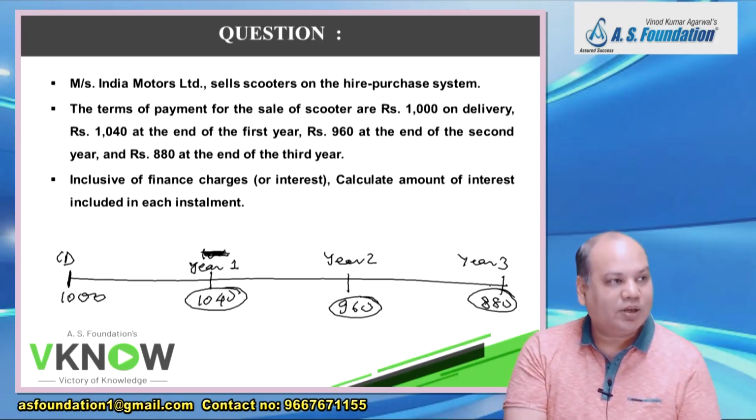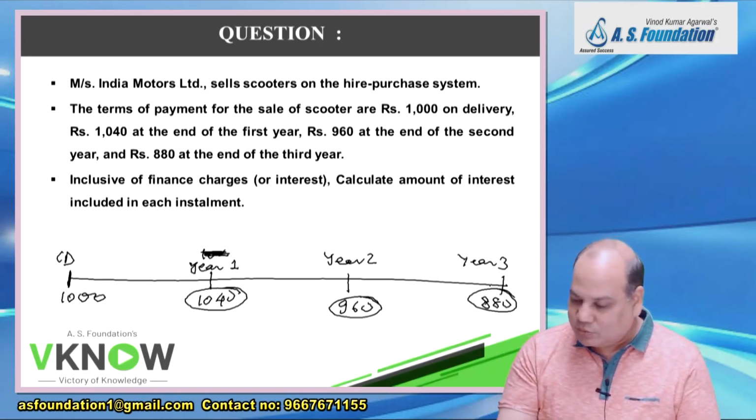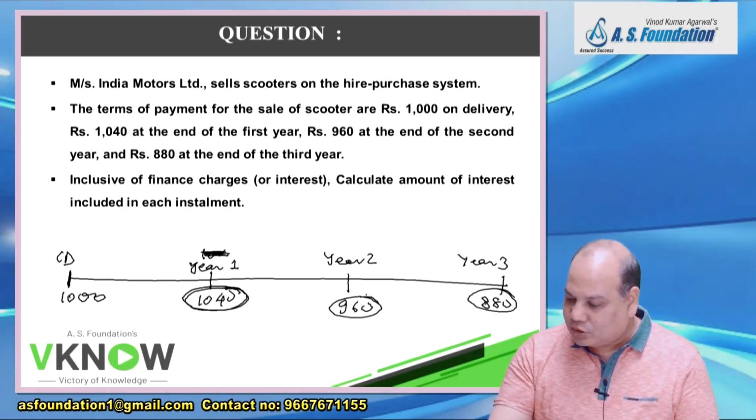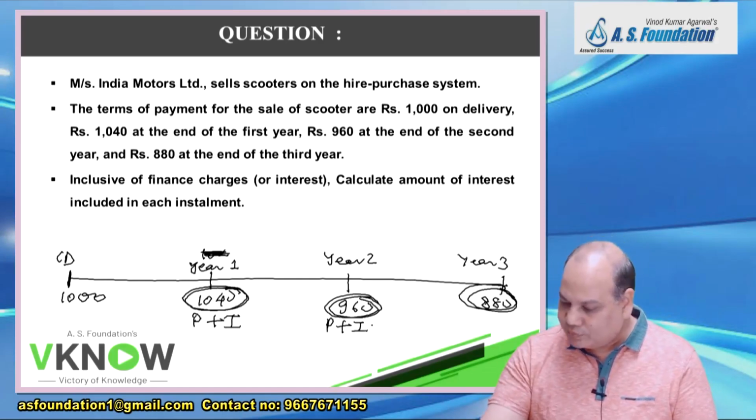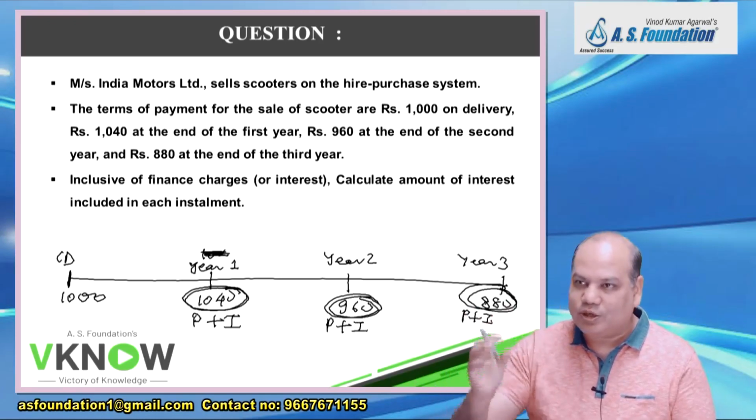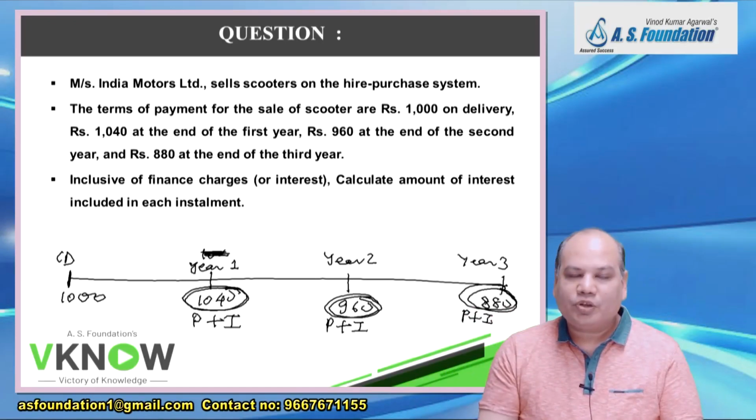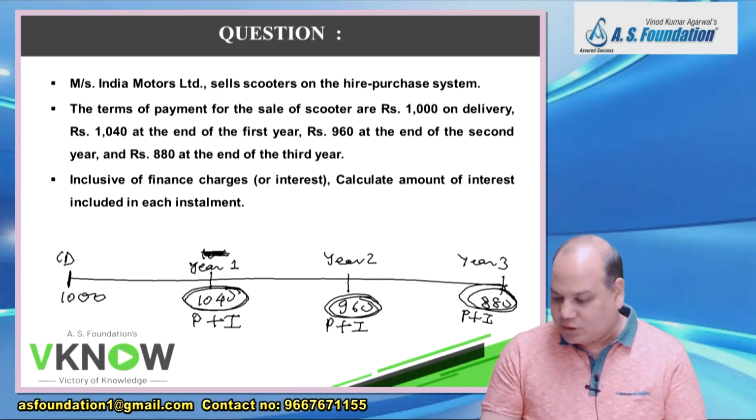So now we have to make an assumption. Assumption will be that every installment, you know in the last 2 days you have learned, consists of some portion of principal and some portion of interest. The installment has two components, principal and interest. Understood?